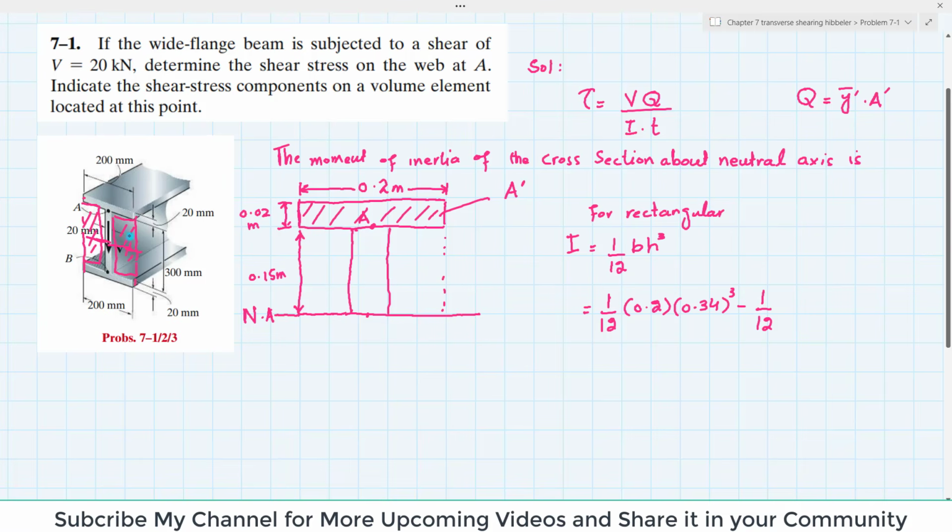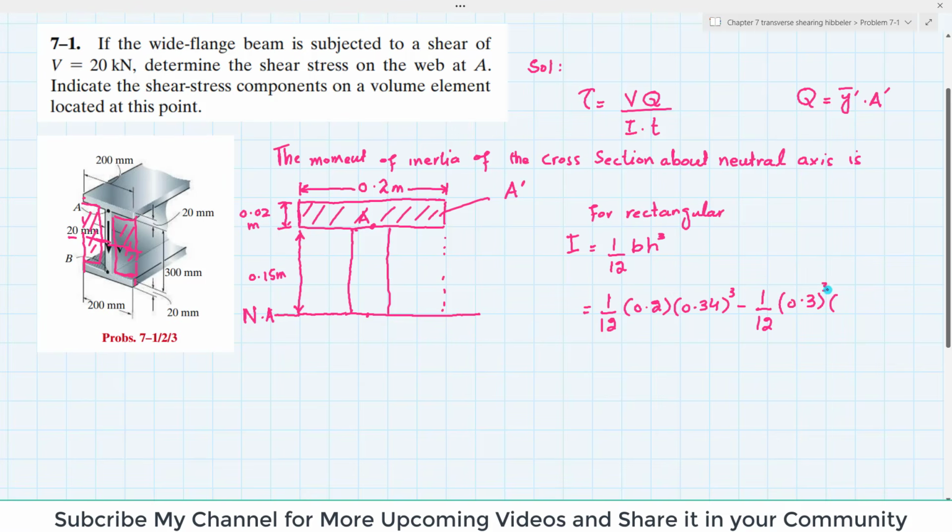Again, this is also a rectangular portion, so its height is 300 millimeter, which is 0.3, cubed, and its width is 200 minus the thickness of this web, which is 20 millimeter. So 200 minus 20 is 180 millimeter, and if you divide it by 2, this width will be equal to 90 millimeter.